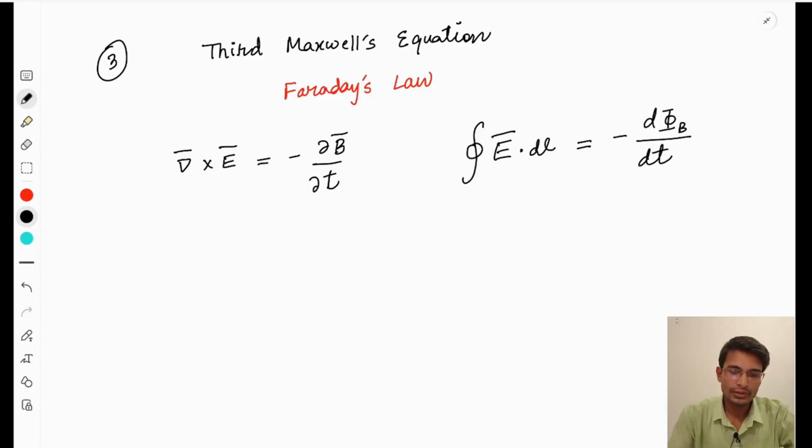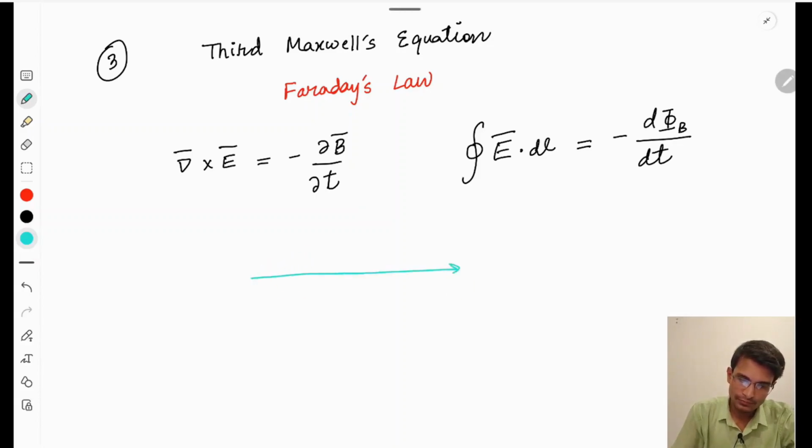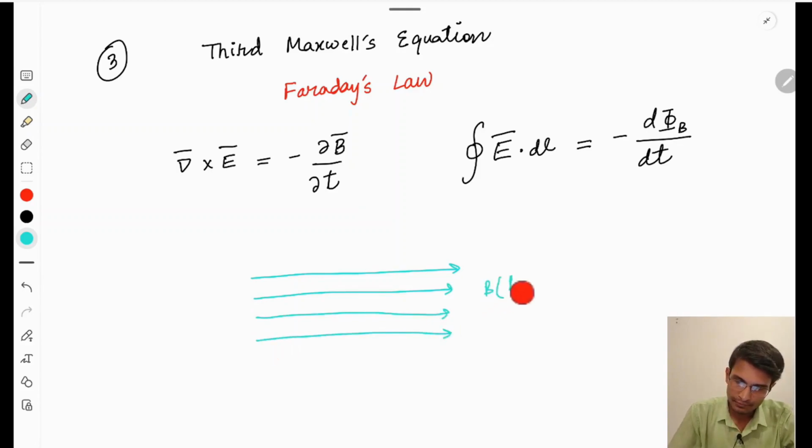So what this Faraday's law basically means is that if there is a time varying magnetic field in a region, then an electric field is formed around that region. So suppose this is a time varying magnetic field in a region.